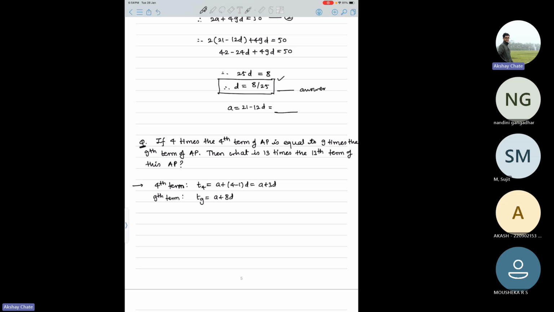So what this question says is, the given condition says that 4 times T4 is 9 times T9. That means 4 into A plus 3D is 9 into A plus 8D.